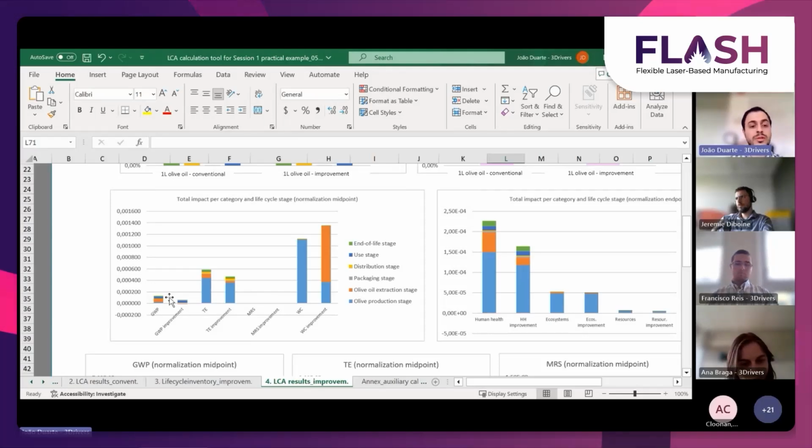So by using renewable energy, we are reducing the global warming potential. Regarding terrestrial ecotoxicity, we see some decrease in the olive production stage, meaning removing some of those fertilizers and other products was successful in improving the environmental performance.